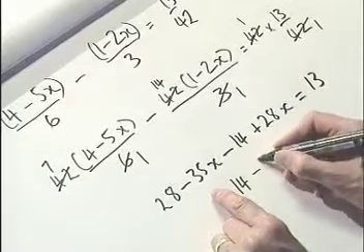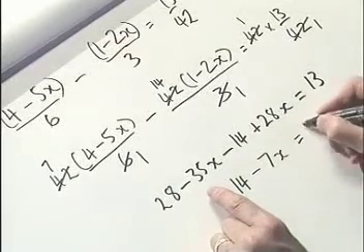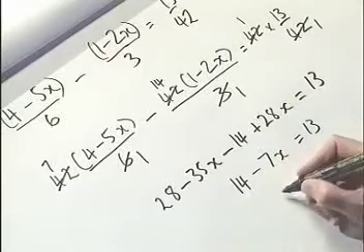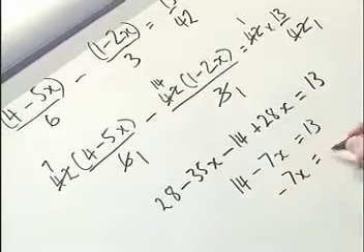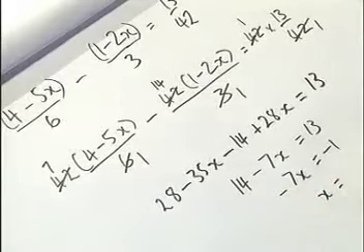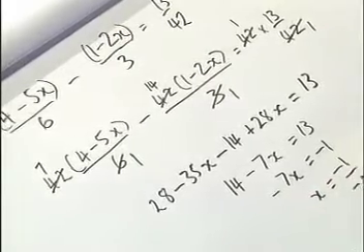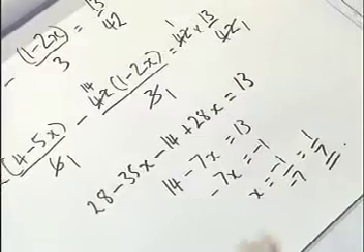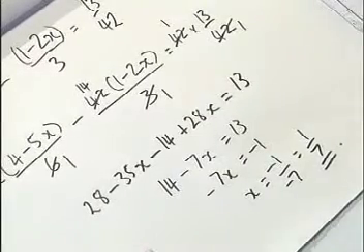So it's minus 7x equals 13. Take the 14 away from each side, minus 7x equals minus 1, and divide both sides by minus 7. Minus 1 divided by minus 7 is just a seventh. Again, fractional answer, but not to worry.